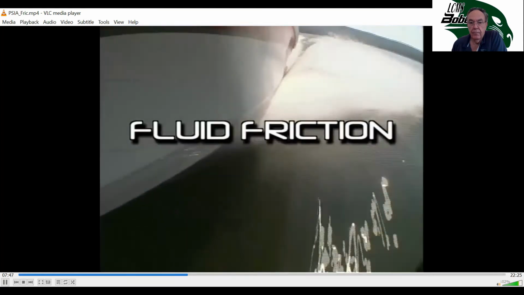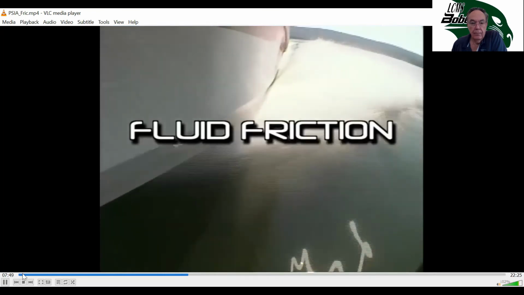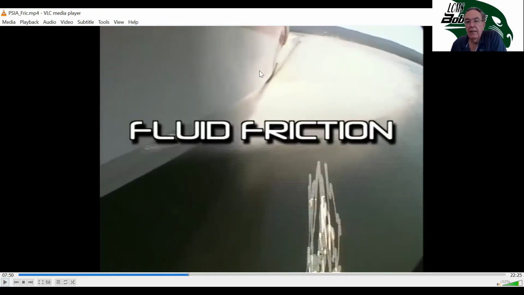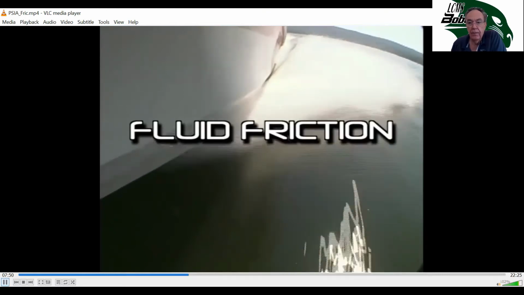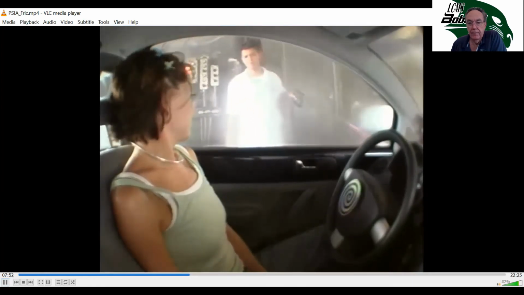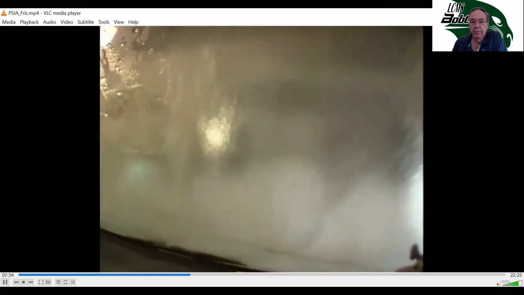Fluid friction is the force opposing the motion of fluid over an object. Look at as the ship goes through the water, the fluid is sliding past the hull of the boat. Remember my car wash? Spraying the car with water produces friction between the car, the dirt, and the water.